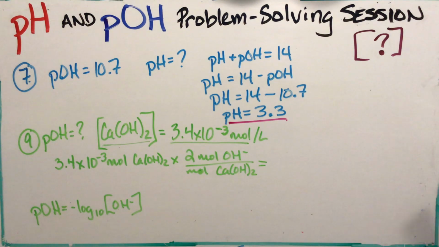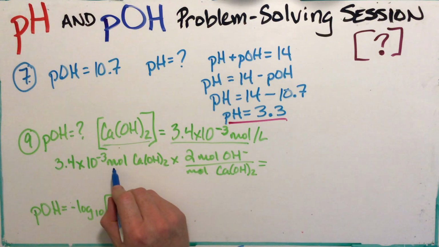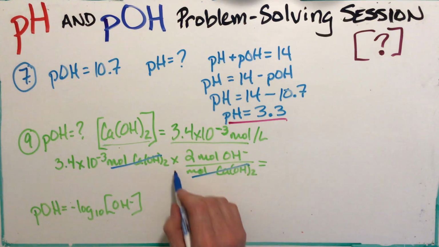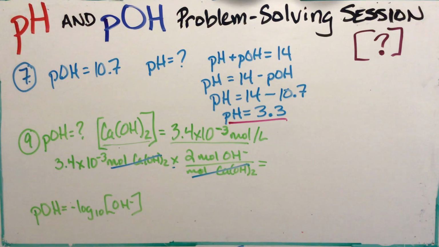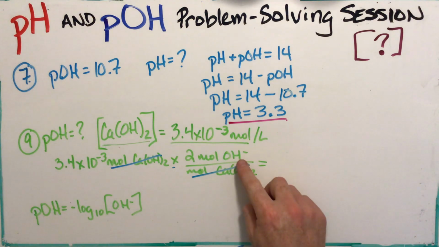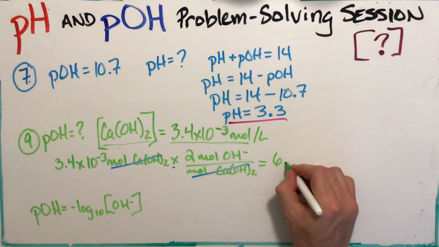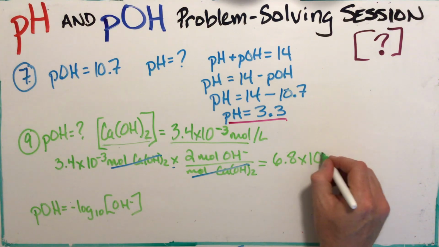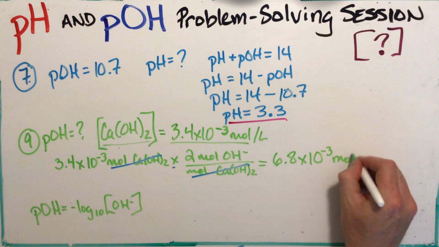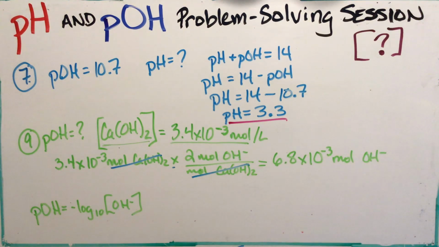And then what happens is you can see the moles of calcium hydroxide on top and on bottom will cancel when I multiply. And I'll be left with moles of hydroxide, which is what I need to find pOH. So when I multiply that, I end up with 6.8 times 10 to the negative 3 moles of hydroxide ions.